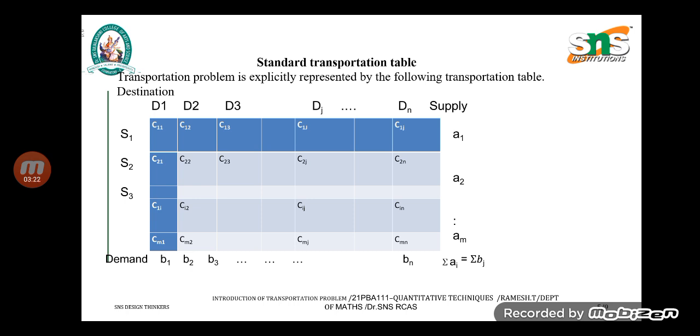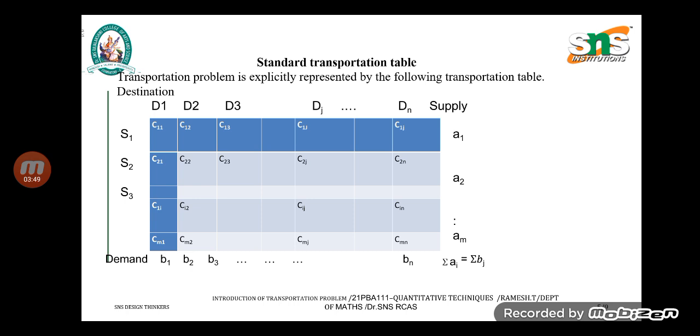Here the standard transportation table is shown. A transportation problem is explicitly represented by the following transportation table. Here are the destinations and supply. The destinations D1, D2, D3, up to Dn. There are n destinations, and m supplies. So C11, C12, C13, up to C1j, and C21, and so on, up to Cmn.